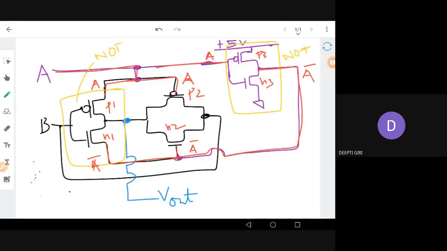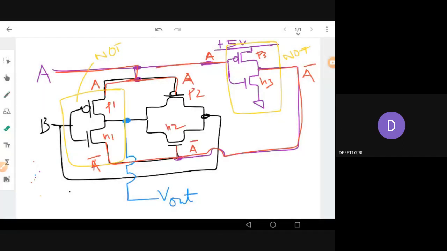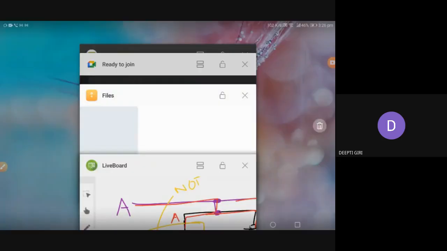Okay, so let it be on. In the meantime we can discuss one more circuit which I shared with you in the Google Classroom. So there's also some issue. So in the meantime we'll discuss the other circuit.